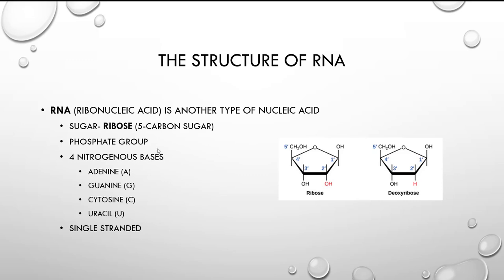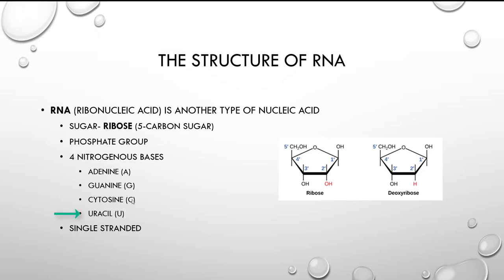The phosphate group is the same, and the nucleotide also has 4 nitrogenous bases, just like DNA. However, 3 of the 4 nitrogenous bases are the same as DNA. They're still adenine, guanine, and cytosine, but there's no thymine.